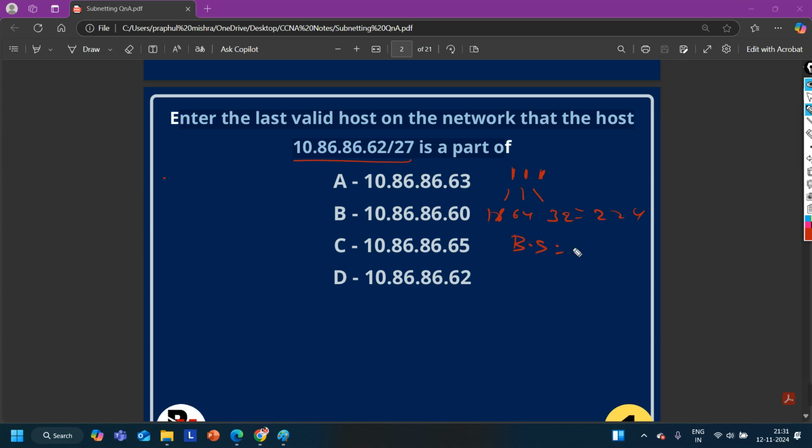So my block size is going to be 256 minus 224, which is 32. So the first network is going to be .0, the second network .32, the third network .64, and so on. So what is the last IP address of this network?